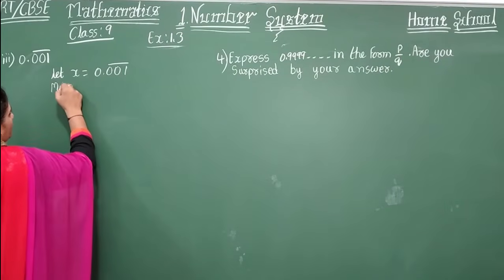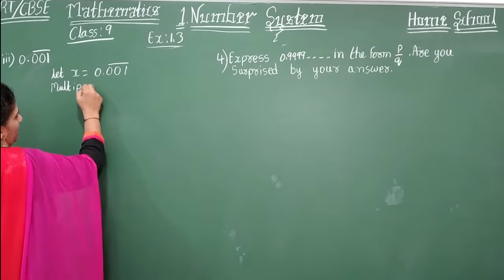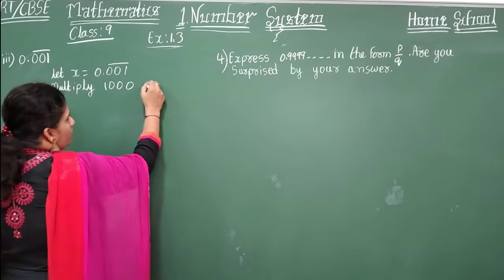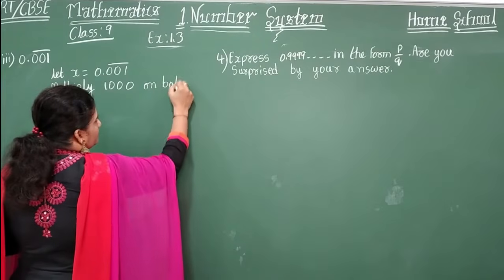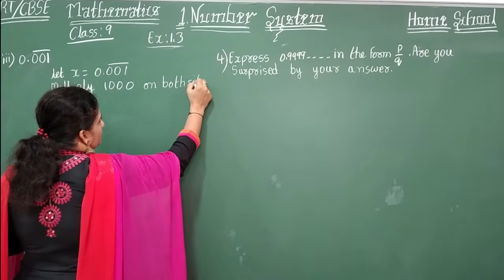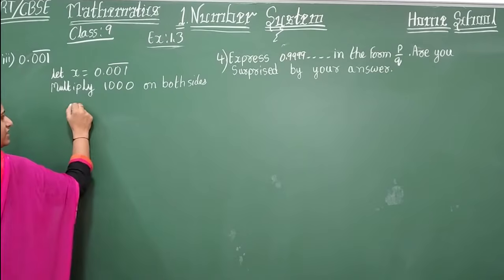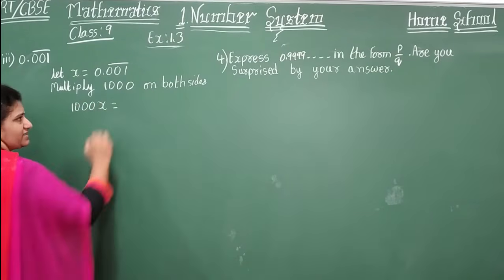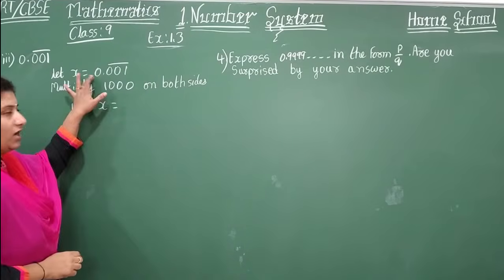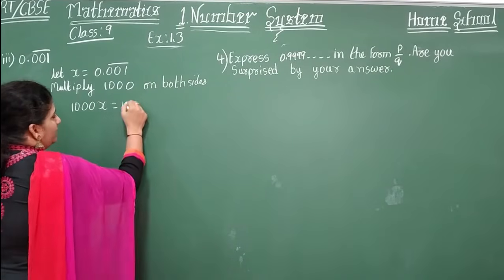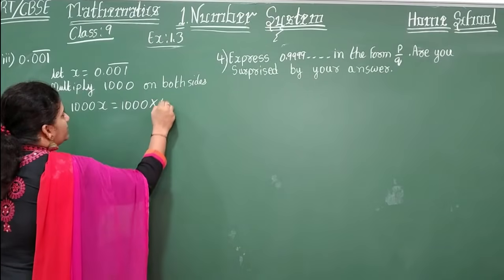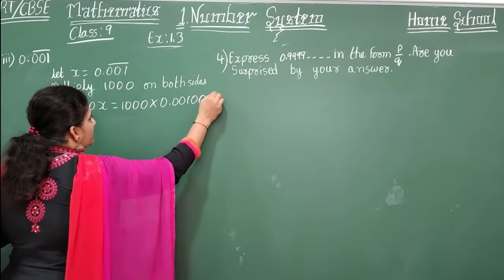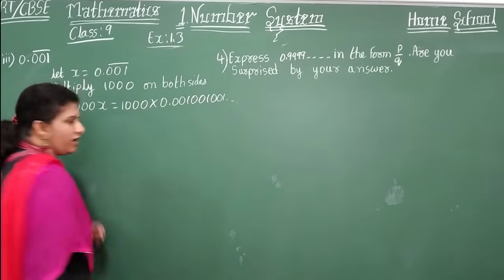So multiply 1000 on both sides. So what happens here? 1000 into x, it will be 1000x. Okay. Now 1000 into 0.001001000 so on, right?